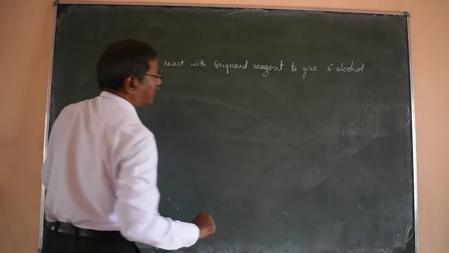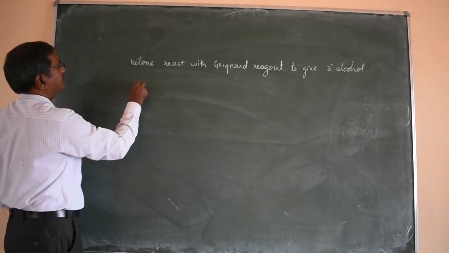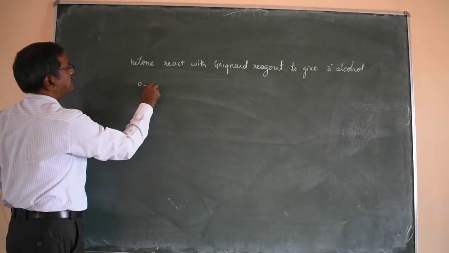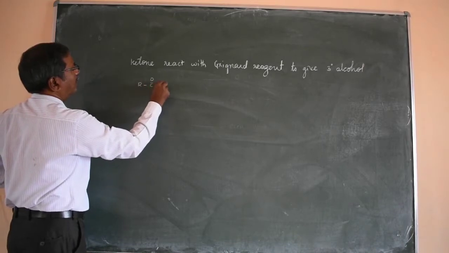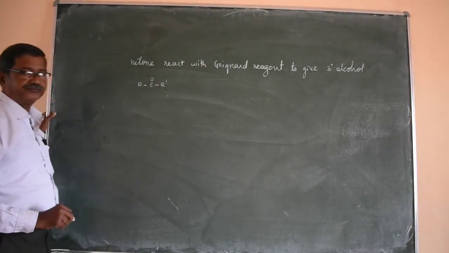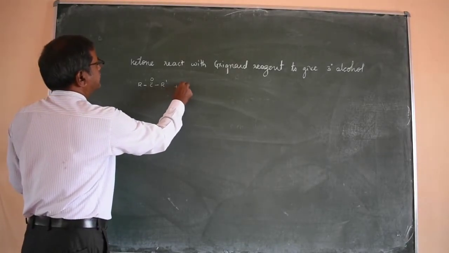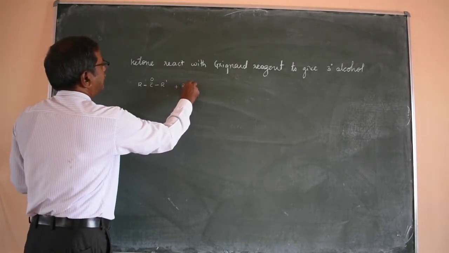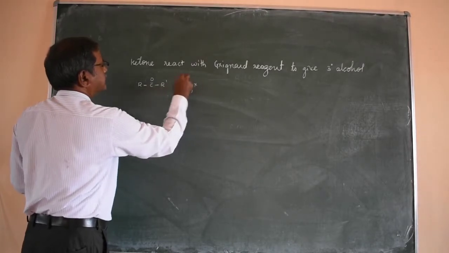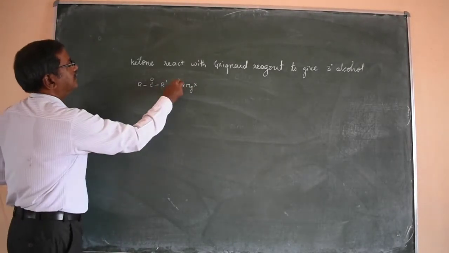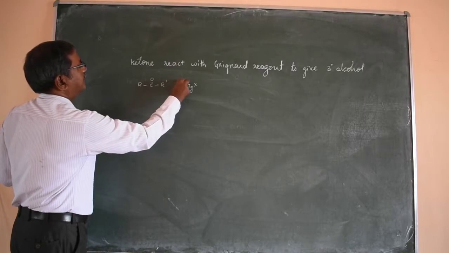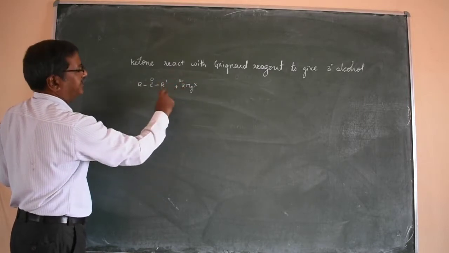We know the general formula for a ketone: R C double bond O R dash. The Grignard reagent I am writing as RMgX. Well, this is partially negatively charged; polarization takes place.